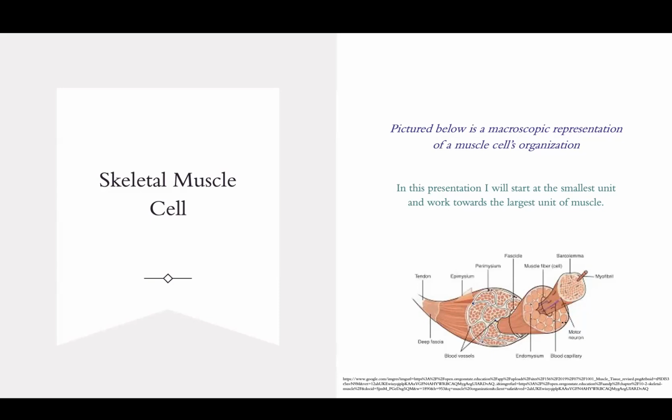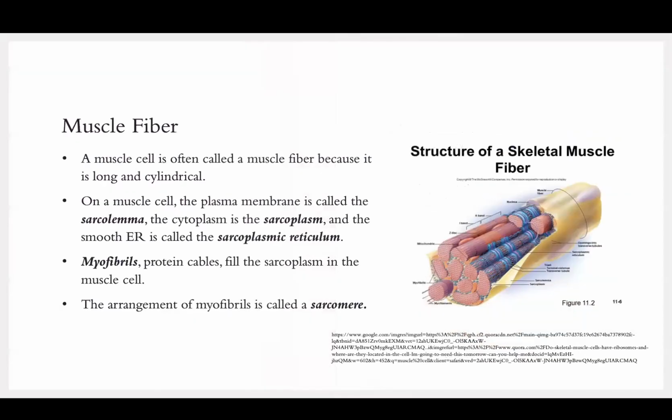I will start at the smallest unit and work towards the largest organization of muscle. So we'll start at the smallest, which is a muscle fiber. A muscle cell is often called a muscle fiber because it's long and cylindrical, as you can see in this picture beside me.